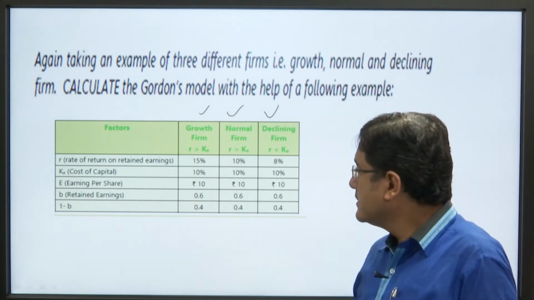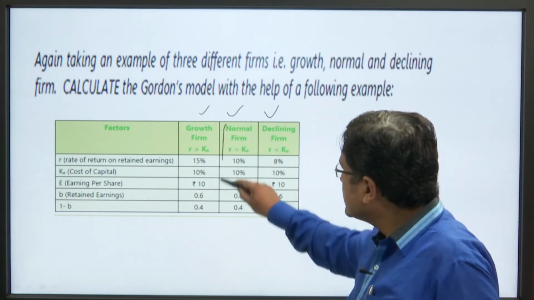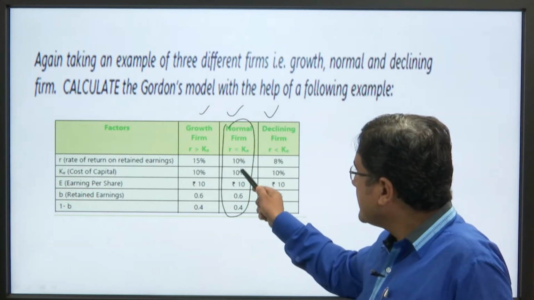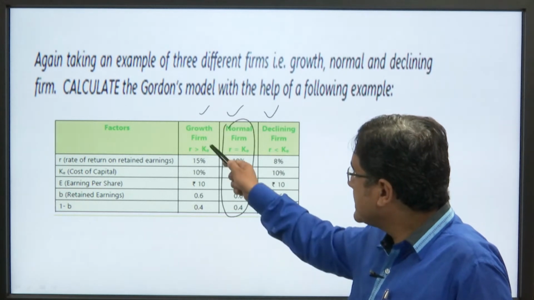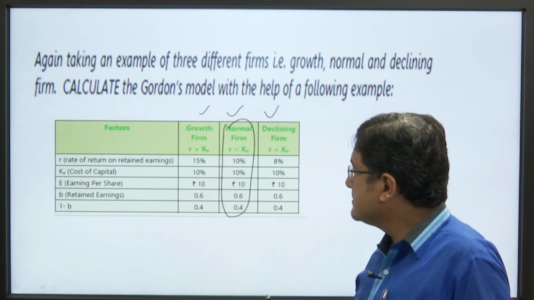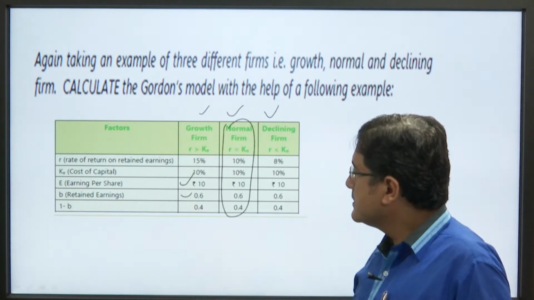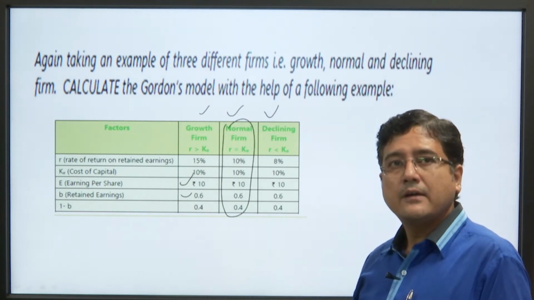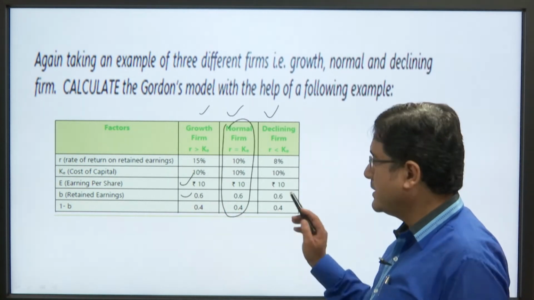KE is 10%, 10%, 10%. So, in the first case R is greater than K, in the second case R is equal to K, and in the third case R is less than K. Earning per share is 10 rupees, B, that is retained earning, is 0.6, and 1 minus B is already given, 0.4.